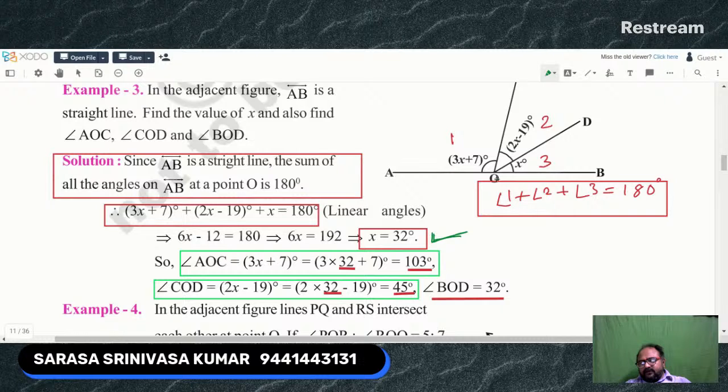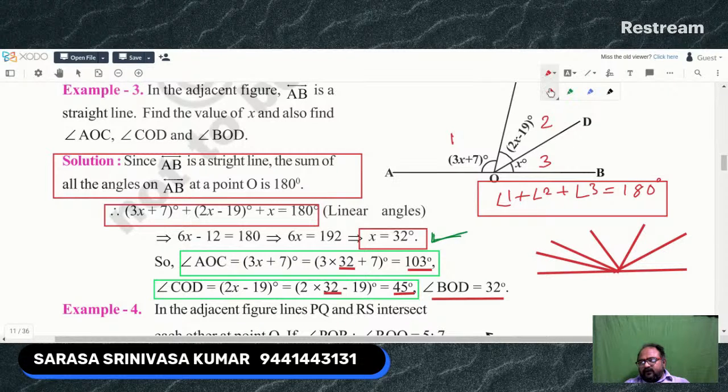That means at a point O, the sum of all angles is equal to 180 degrees. Let me draw another diagram. Here I am considering different rays on this straight line.